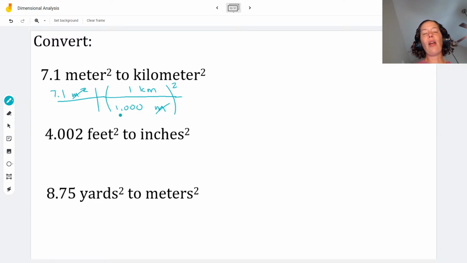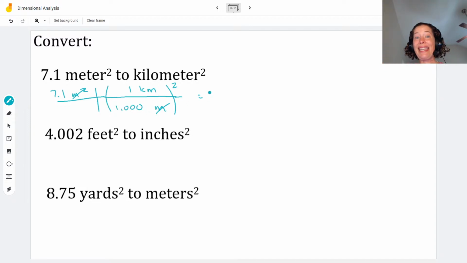You can either take 1,000 and square it first and then do 7.1 divided by a very large number, or you can take your 7.1 divided by, and then use your parentheses, 1,000 squared, making sure your parentheses tells the calculator, hey, square this first. Now, your calculator should do that on its own, but the parentheses just give you an extra layer of protection that, again, you're not going out of your order of operations.